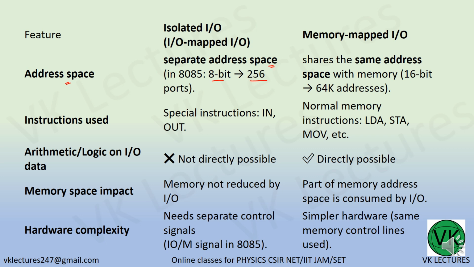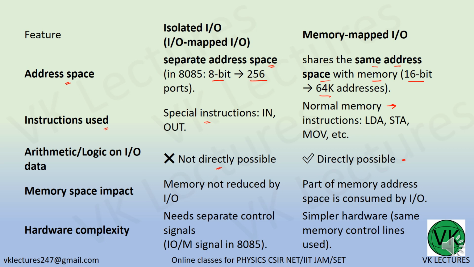Memory mapped IO shares the same address space with the memory; they do not have a separate space, with 16-bit and 64K addresses. Instructions used: special instructions IN and OUT for isolated IO, and normal memory instructions for memory mapped IO. Arithmetic and logic operations on IO data are not directly possible in isolated IO, but possible in memory mapped IO.